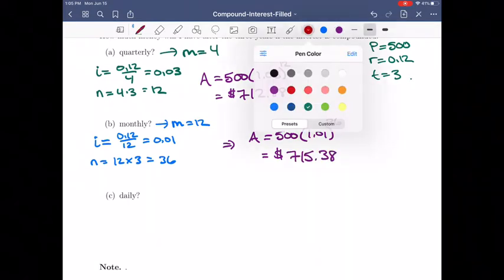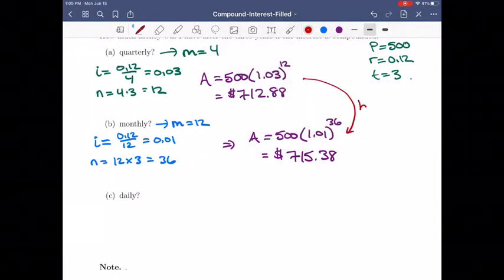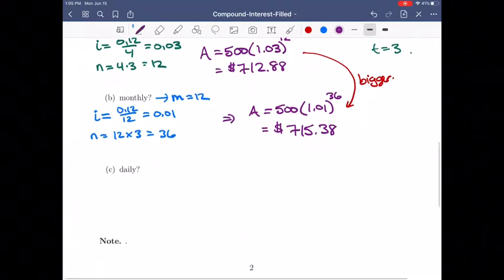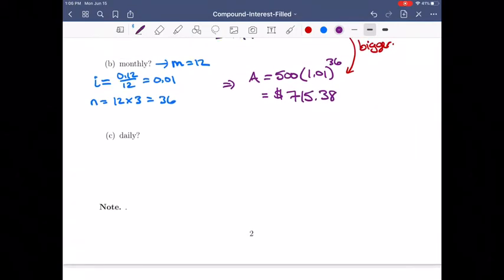Notice, slightly bigger. I had more compounding periods, but everything else was the same, and I got a slightly bigger future value. Now what if it's daily? For daily, we always assume 365 days, so no leap years.